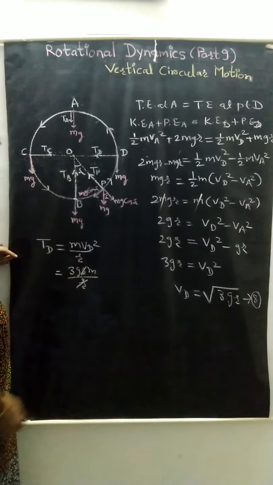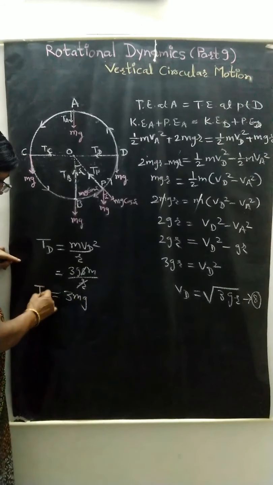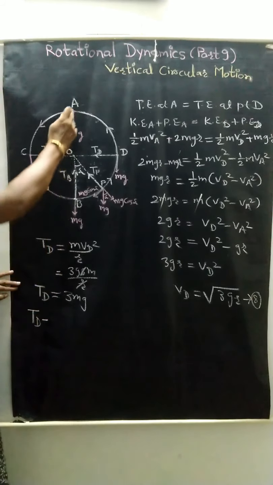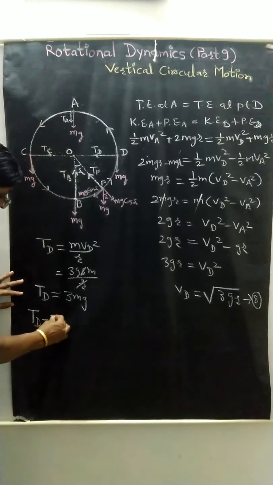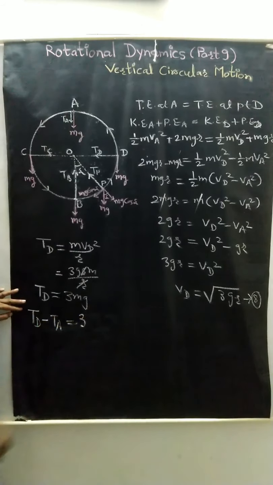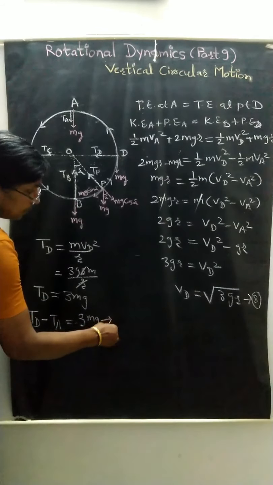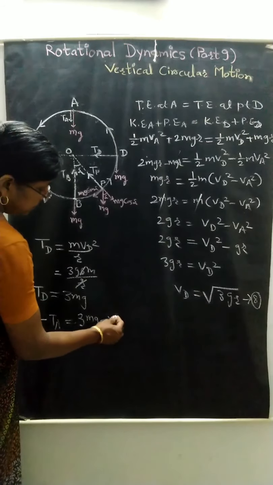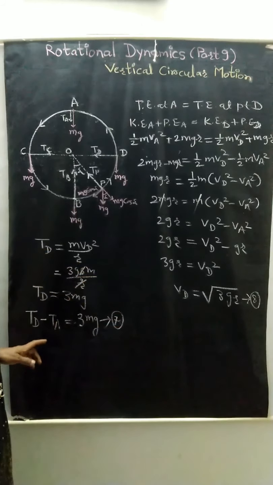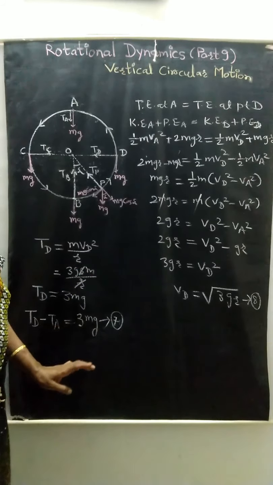So r will cancel with this r, giving us 3mg. So the tension at point D, rather the difference in the tension, because we have assumed that the tension at point A is 0, so the difference in the tension at midpoint and at the top point will be 3mg. In this manner, we have found out the equation for the speed at the midpoint and the difference in the tension at the midpoint and at the highest point.